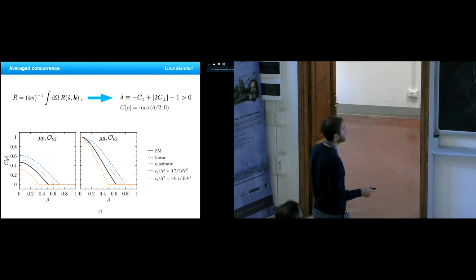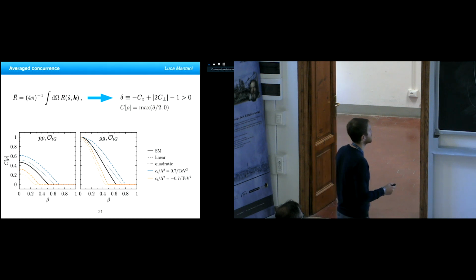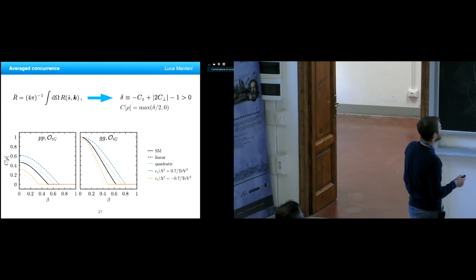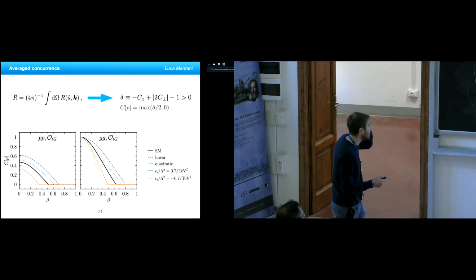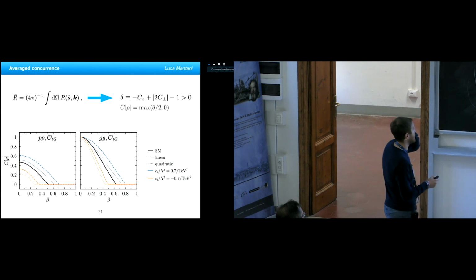Once we add new physics, as you can see, it's quite interesting to notice that if you look at the partonic channel, the effects at threshold are very mild. In particular, we see that the linear corrections from the EFT are basically non-existent. They vanish when you are at threshold. However, you have some effects from the quadratic corrections.